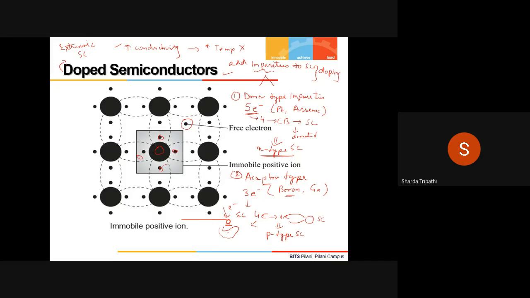So what we saw is that in a semiconductor, if I add impurity, I can increase the conductivity. 2 types of impurities are there. If I use a donor type impurity, I will create an N-type semiconductor. If I use an acceptor type impurity, I will create a P-type semiconductor.